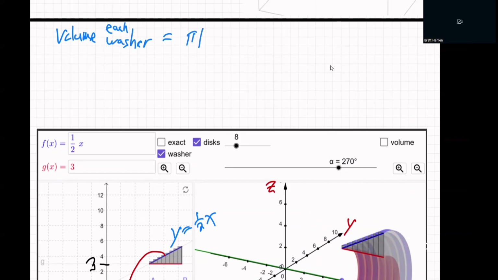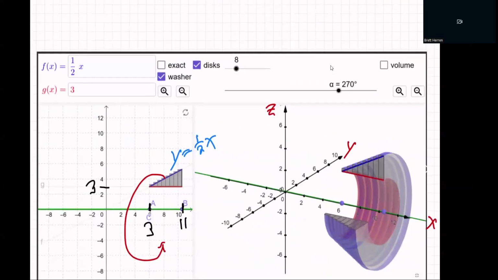Each washer is pi capital R squared minus pi little r squared. Take the big circle, take out the hole in the middle, times the thickness. That'll get you the volume of each washer. Okay, so what's that going to be? What's the big radius?